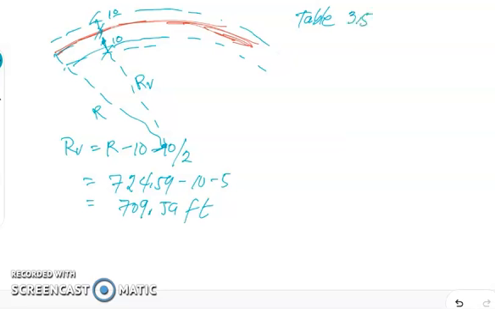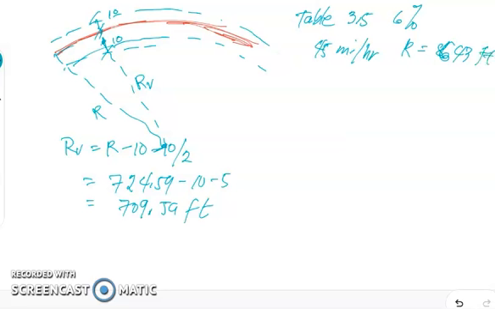3.5, for our superelevation, which is 6%, if we're going to have the design speed of 45 miles per hour, based on the table it needs a radius of 643 feet.